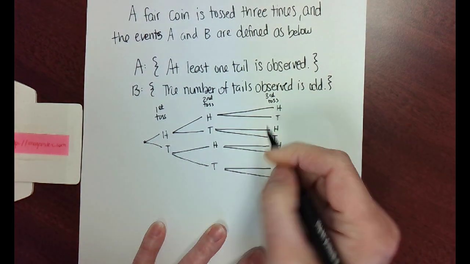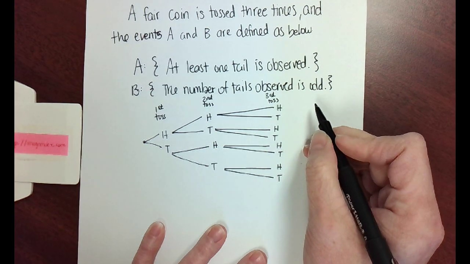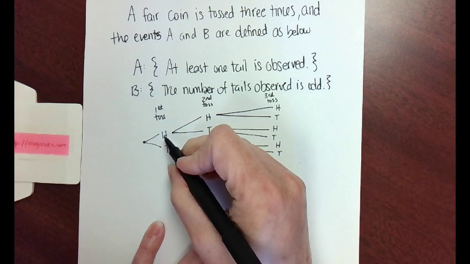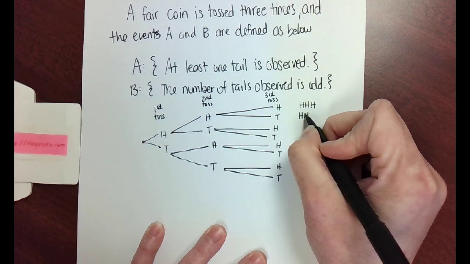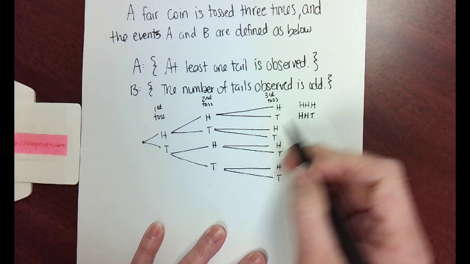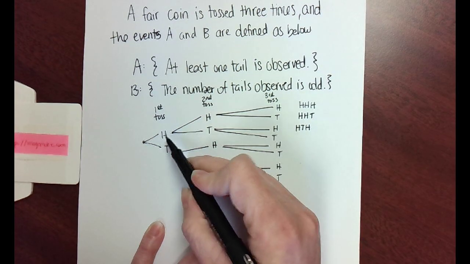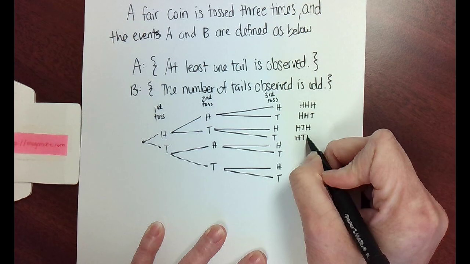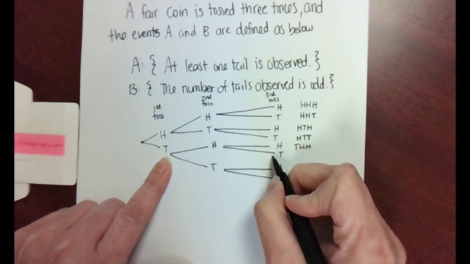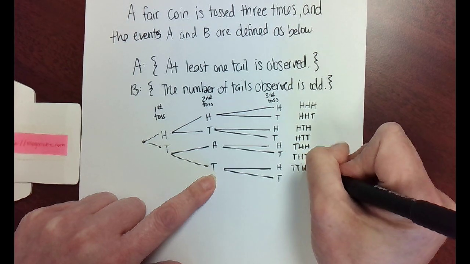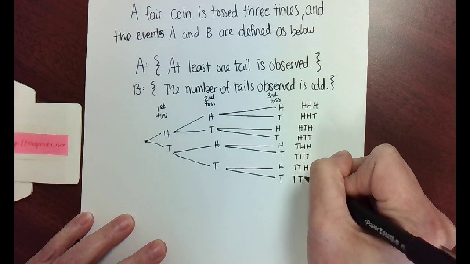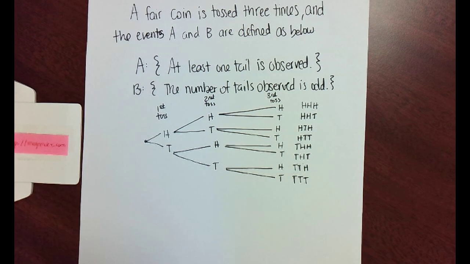So in 3 tosses of the coin, if we list our sample space out to the side: heads, heads, heads; heads, heads, tails; heads, tails, heads; heads, tails, tails; tails, heads, heads; tails, heads, tails; tails, tails, heads; and tails, tails, tails. So these are the 8 possibilities for tossing a coin 3 times.